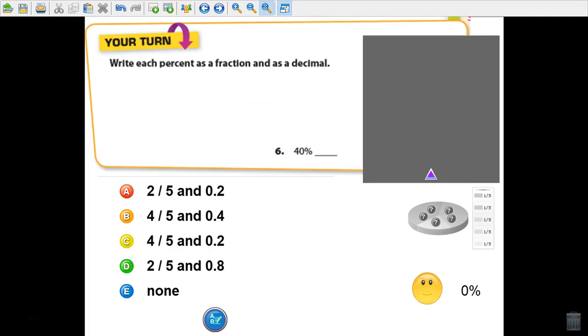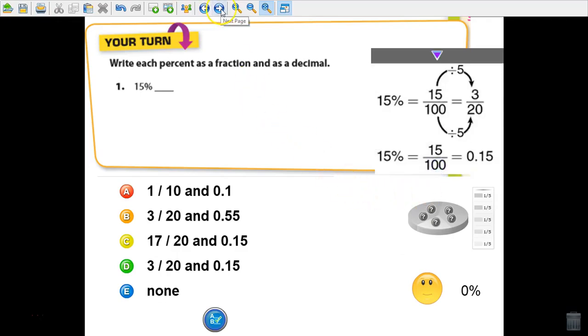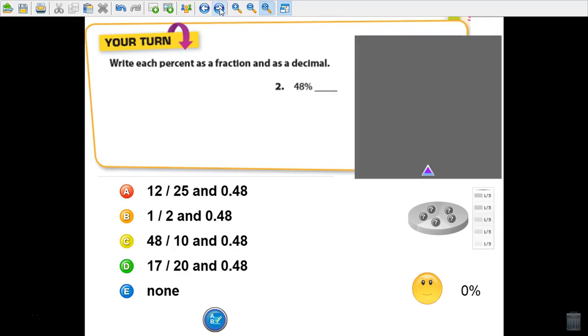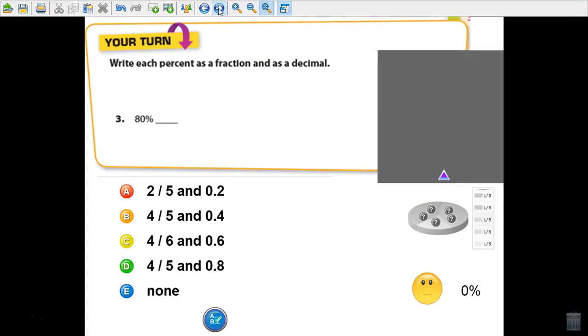Your turn. Pause. All right. Here is the answer. Next. Pause. And here's the answer. All right, next. Pause. All right, and here's the answer.